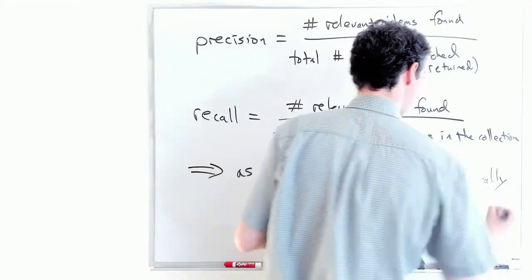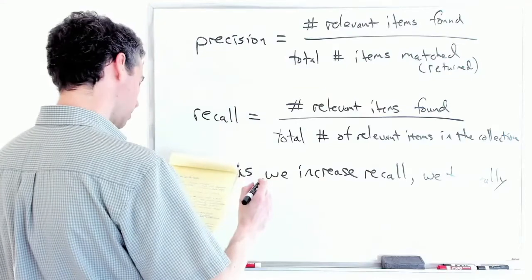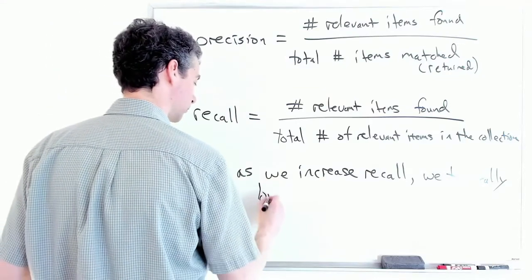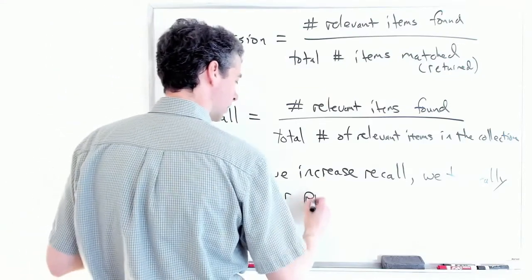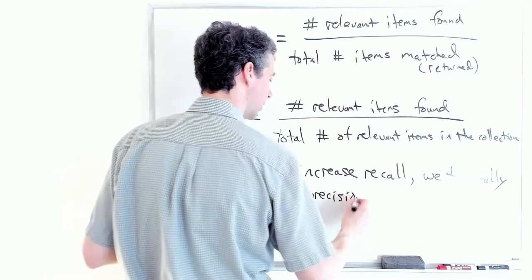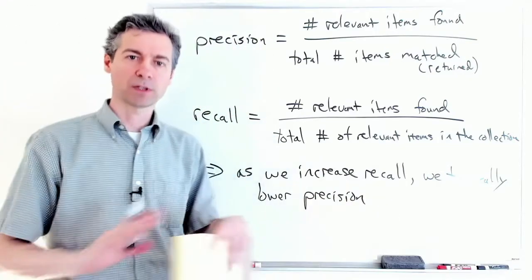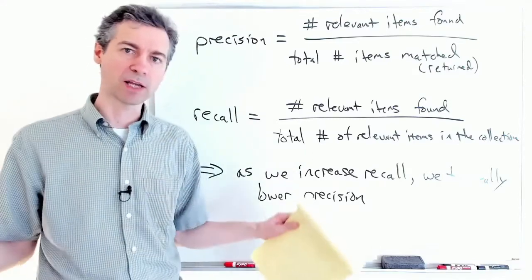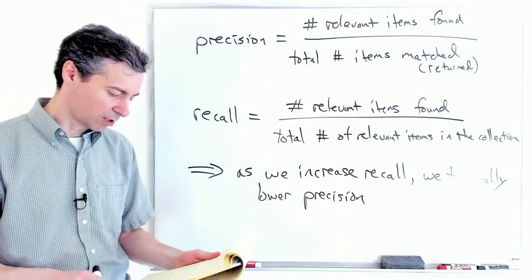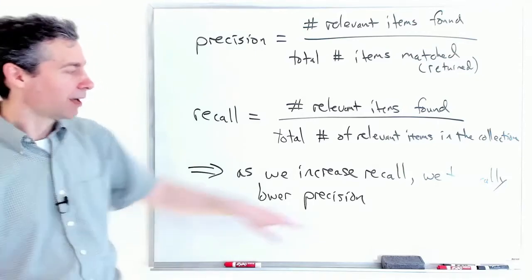These things are inversely related in information retrieval systems. Our goal is perfect precision and perfect recall. We want to find everything relevant, and we don't want to waste our time viewing anything that's not relevant.